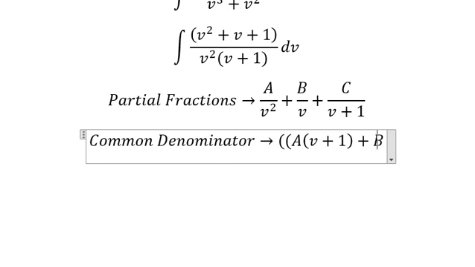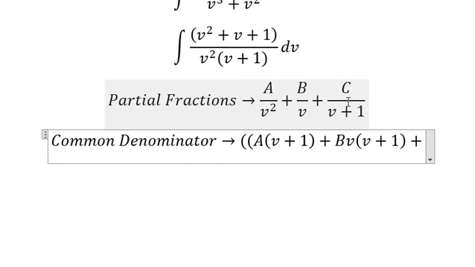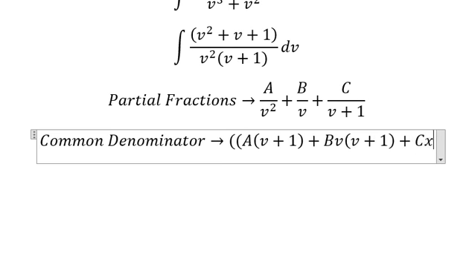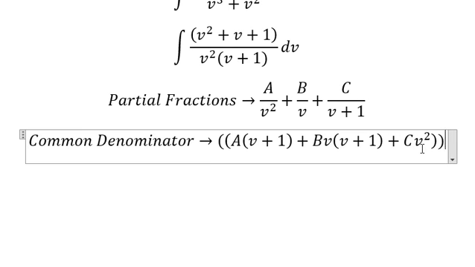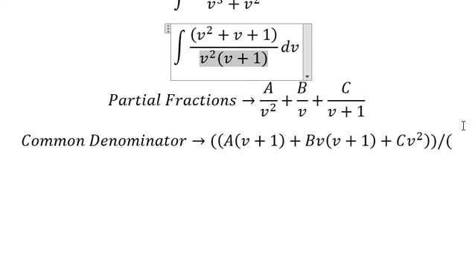So capital B multiply by v and v plus 1. About this one, it is missing v squared. So capital C multiply by v squared. And now we put this one go in here.